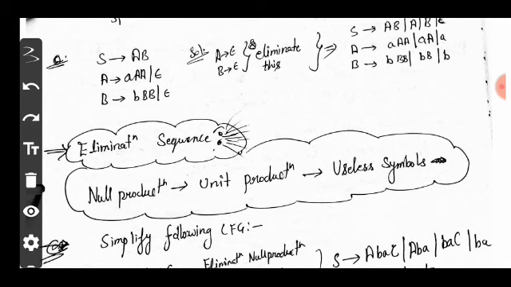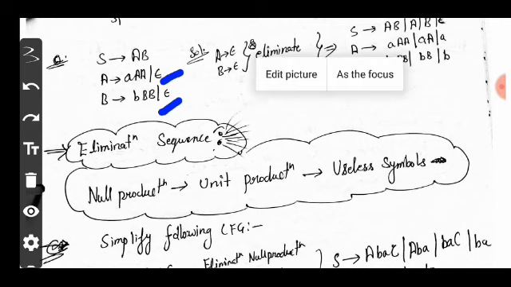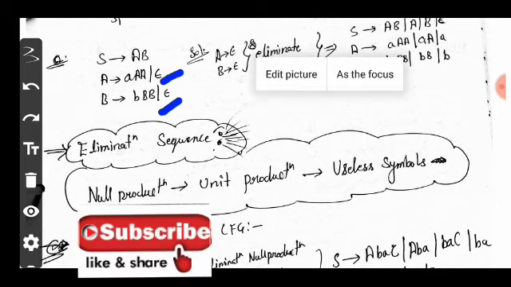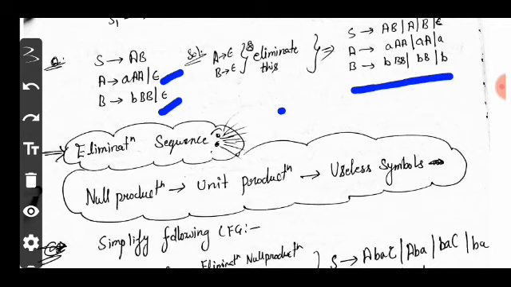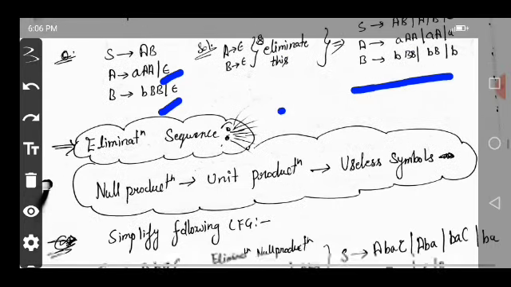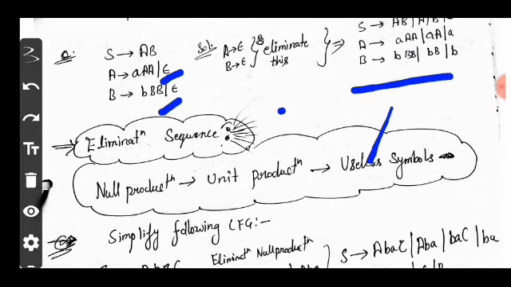So after eliminating this null production and replacing the A with null, we got S produce A, and S produce AB or null, and A produce AB, and B produce BB and B. So this is your production after the elimination of null.